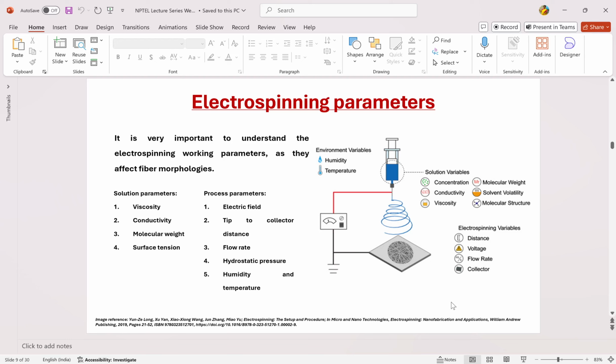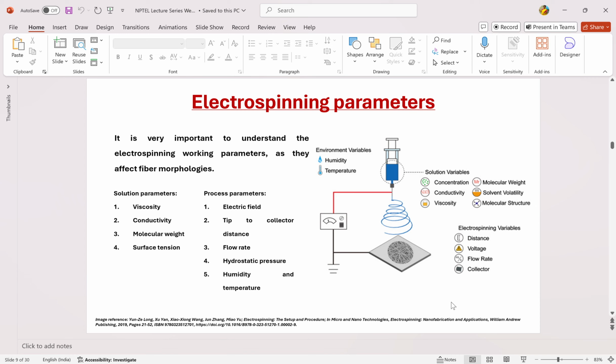Tip to collector distance. So your spinneret tip and your collector, if it is very close by, then after forming the Taylor cone, when your fibers are ejected, even gravity has some effect, right? So that gravity effect will not be too much, and you will get fibers with thicker, bigger diameters.